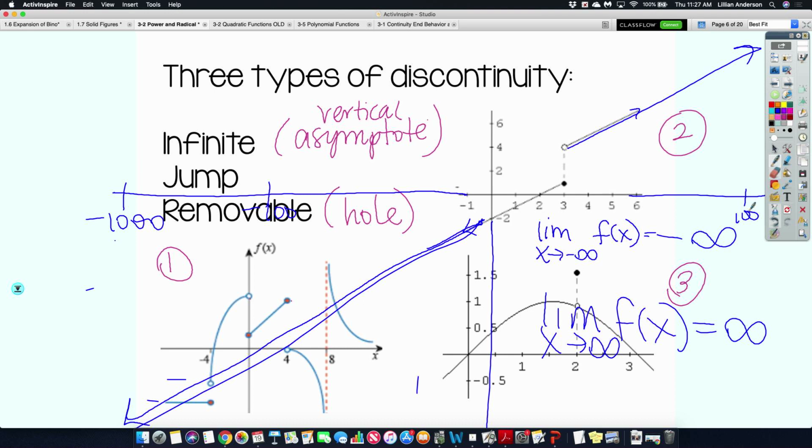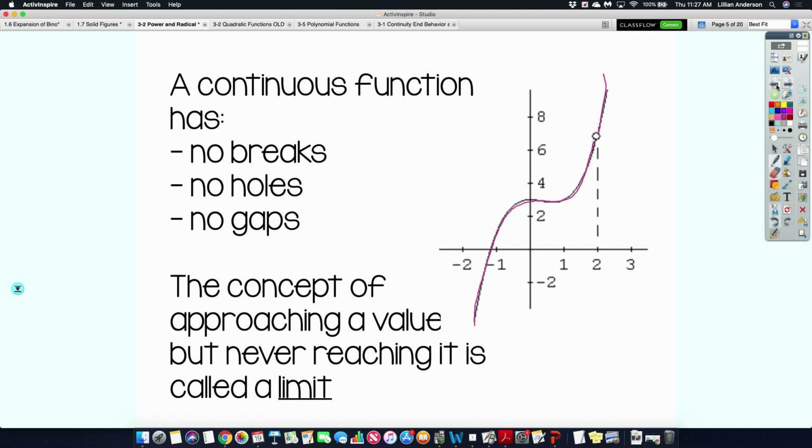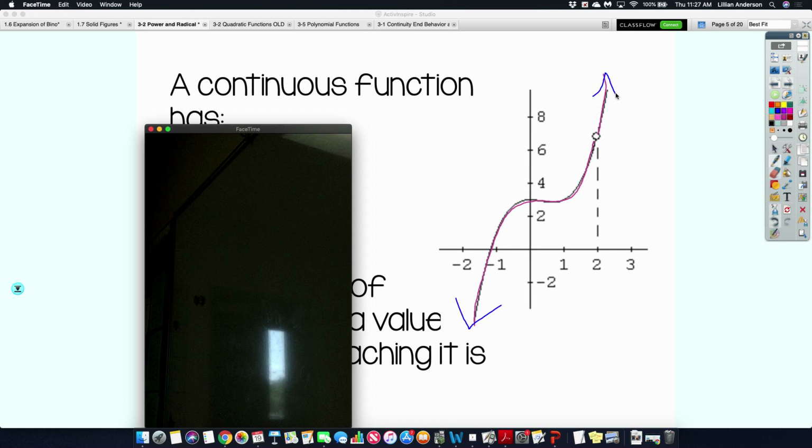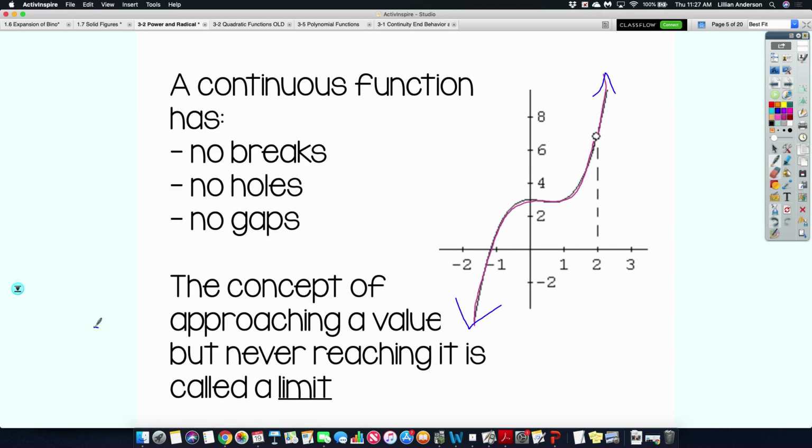Let's look at another one. What about here? Describe the end behavior for this. You got to be specific. As x approaches negative infinity, which one is it? Negative infinity.